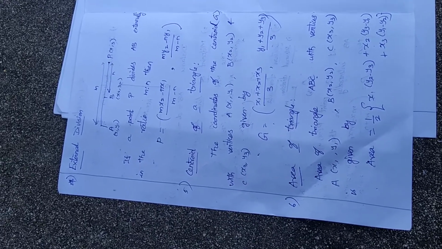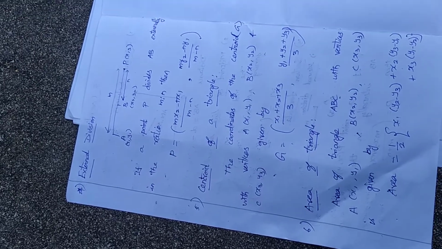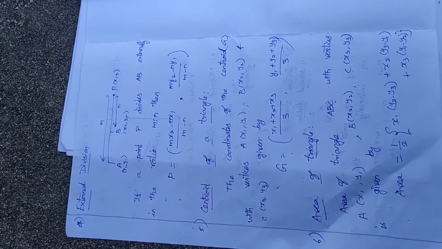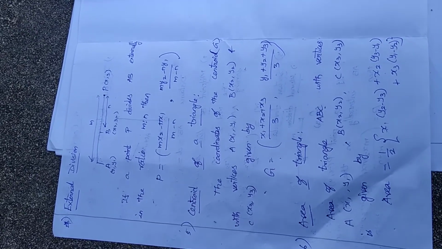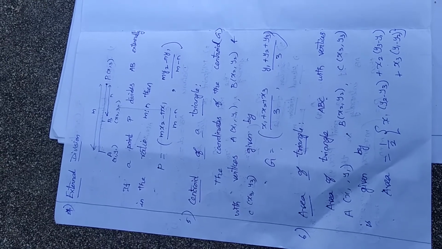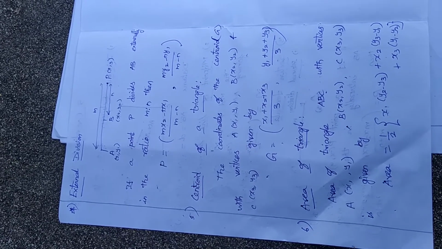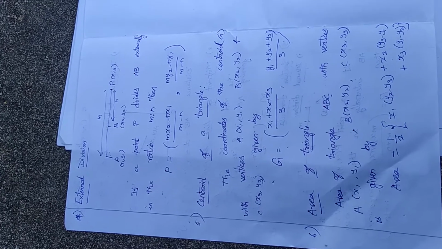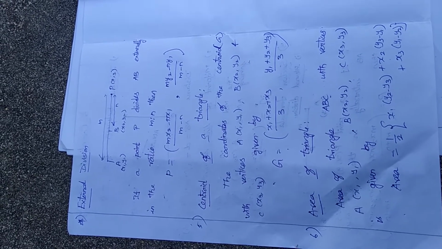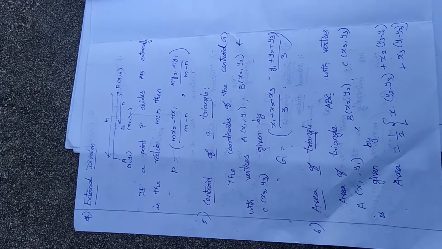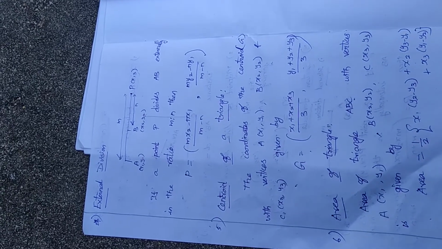How to choose, if you see, we have to roughly draw the diagram of a triangle and we have to take the coordinates in anti-clockwise direction. Why are we taking the coordinates in anti-clockwise direction?